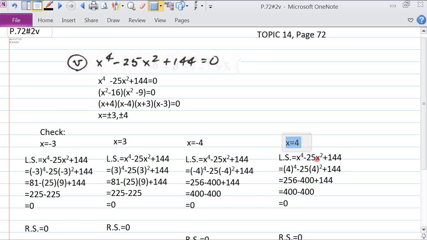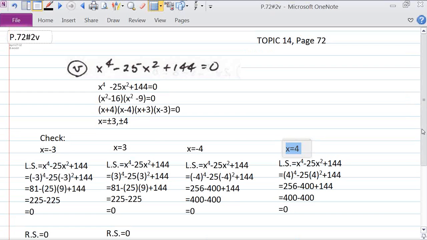So minus 25x squared, 4 squared is 16. 16 times minus 25 is minus 400, and this is plus 144. So if you add 256 and 144, you get 400. Subtract the 400 from here, you get 0. That gives you an idea of how to check this problem.